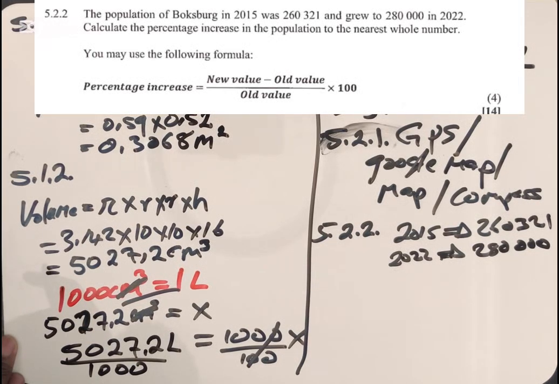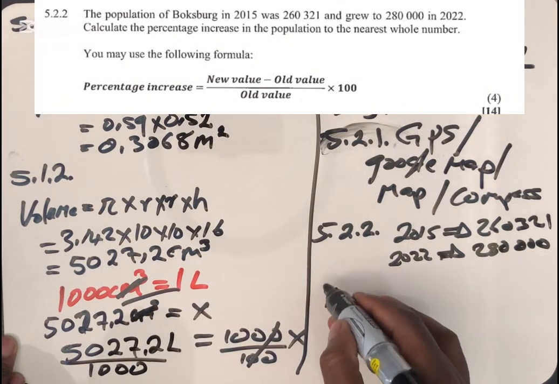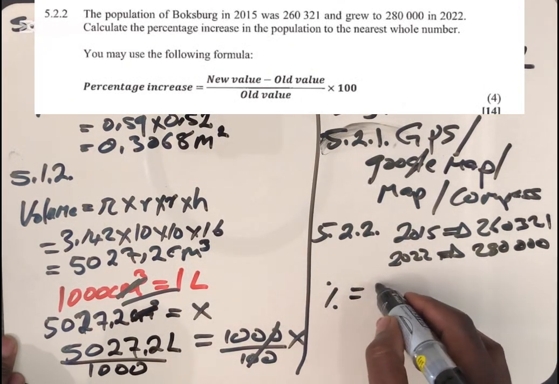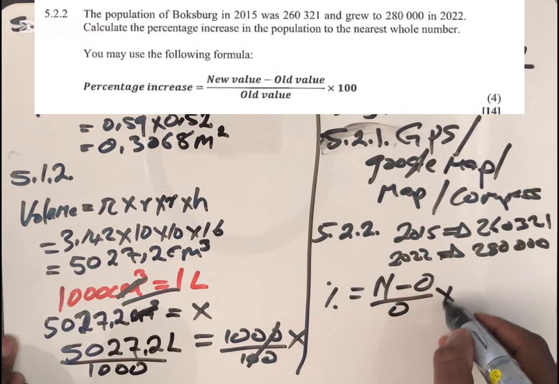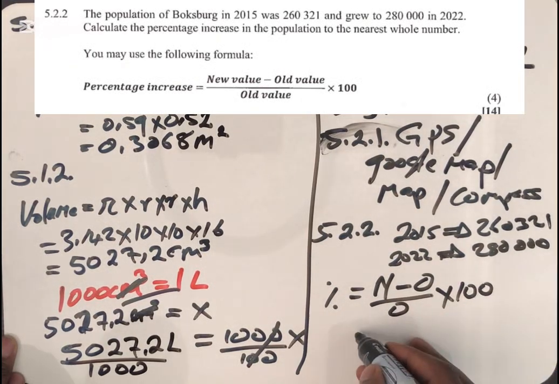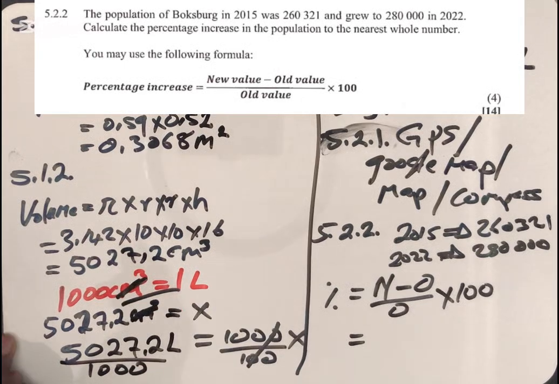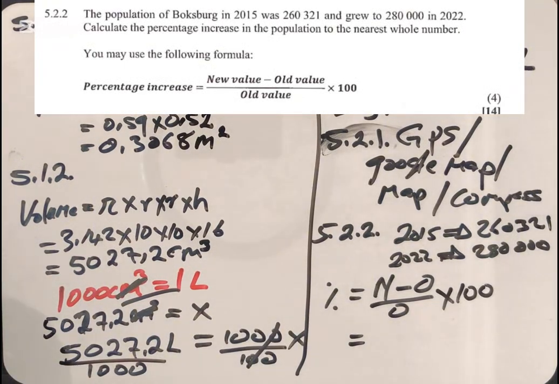Calculate the percentage increase in the population to the nearest whole number. You may use percentage is equal to new minus old over old multiplied by 100. This question is a repeating question because even in paper 1, they requested you to calculate percentage using this equation.